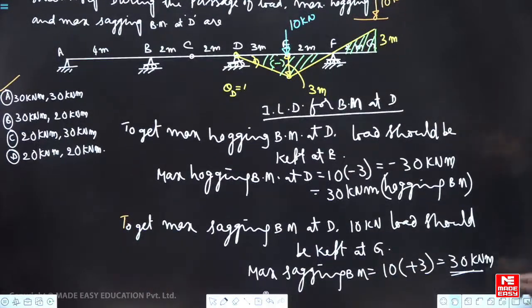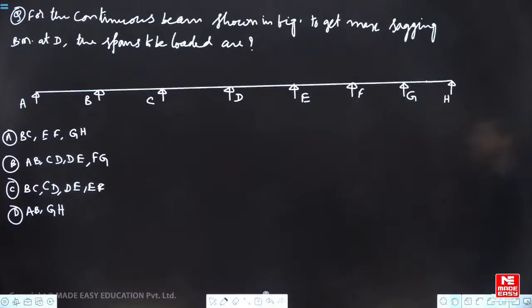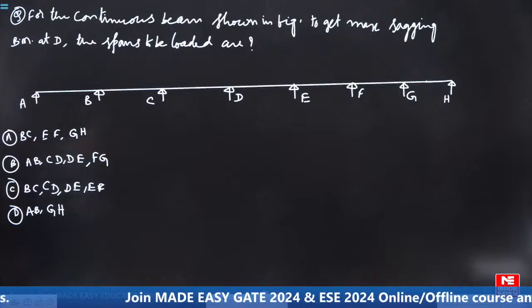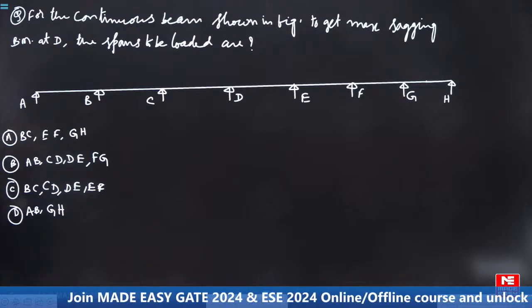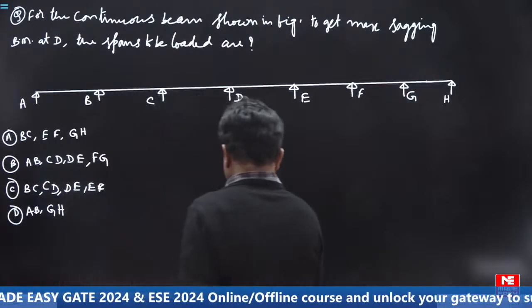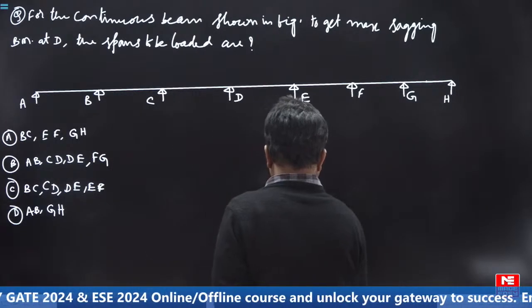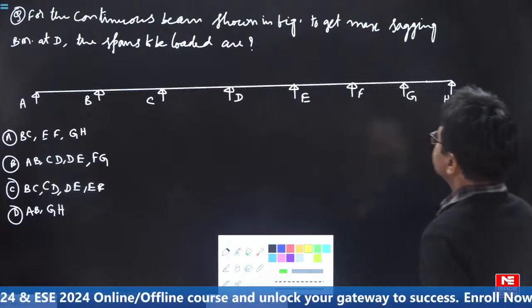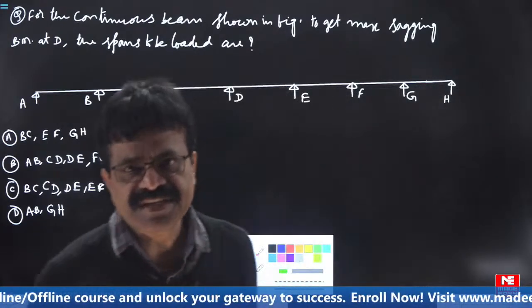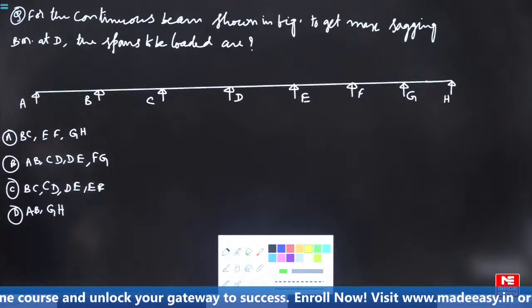Okay? Next. See, for the continuous beam shown in the figure, to get maximum sagging bending moment at D, the spans to be loaded are? So first we have to draw the influence line diagram for bending moment at D. That ILD will tell us where we have to keep the loads.